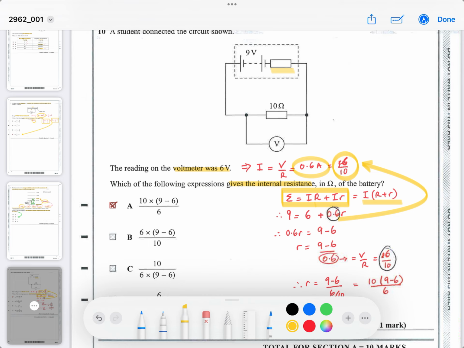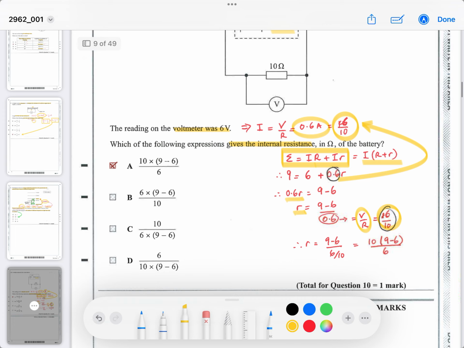So when you do that, you'll see that I put internal resistance as the subject, divided by 0.6. I'm actually dividing by V over R, which is current, so I'm dividing by the current, which is 6/10. So at the bottom I've changed it back to 6/10.